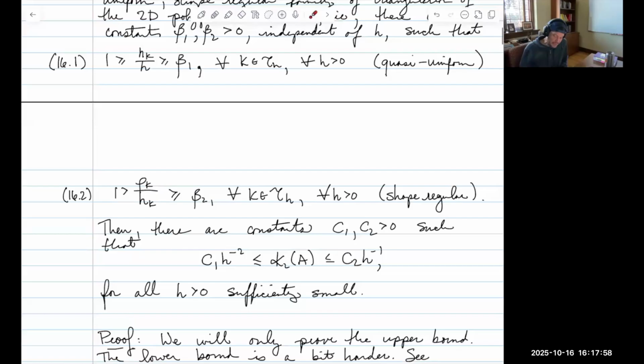And of course, shape regularity is something that we've seen before. That involves the ratio of rho k over hk. Remember, rho k is the diameter of the largest inscribed circle. So rho k was computed by fitting a circle in a triangle. Let's see if I can fit that in there nicely.